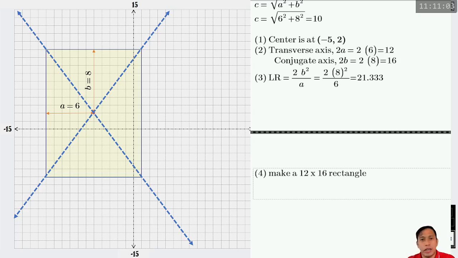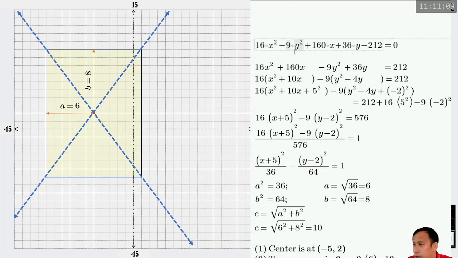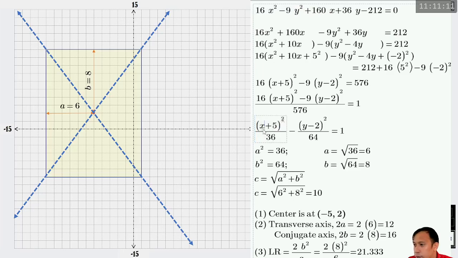To the left and right, because only the x is positive in the equation we made. So along x, we make the hyperbola like this.